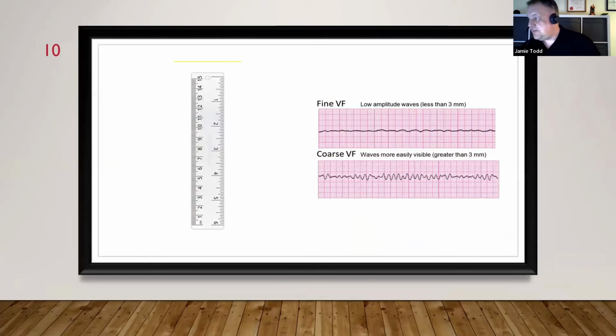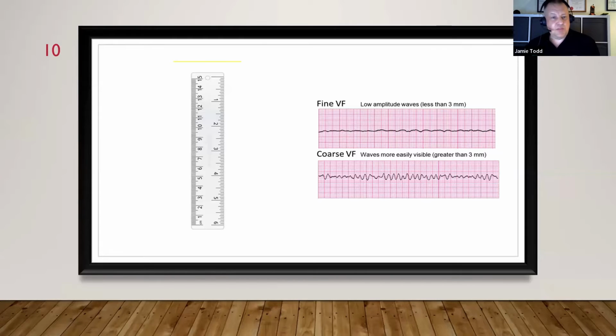So starting with VF, I think someone's already alluded to it in the questions, about fine VF, and whether there is much benefit in using ultrasound to check that, and so on. One of the problems is how we define it. We see people go, oh, that's coarse VF, that's fine VF, and I don't like those terms because there is no massive definition that we can use. There can be a lower amplitude VF, definitely.